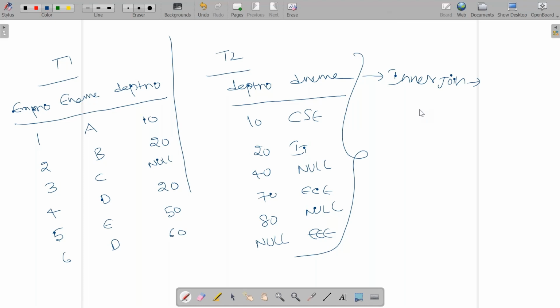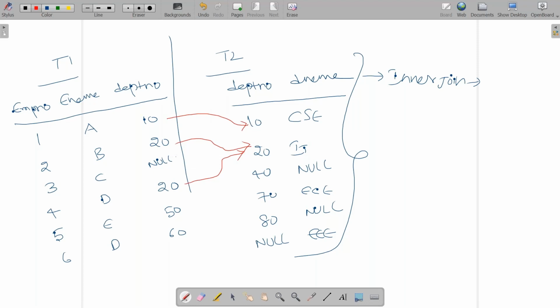Anyone able to tell? So 4. What about others? What are the records we are going to get in the inner join? This 10 is matching with this 10. 20 is matching with this 20. This 20 is also matching with this 20. 50, 60 are not matching. 40, 70, 80 are also not matching.